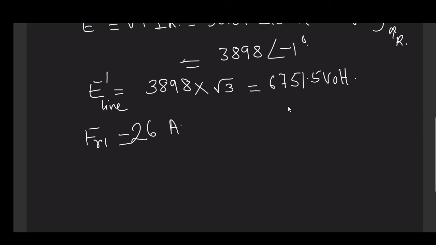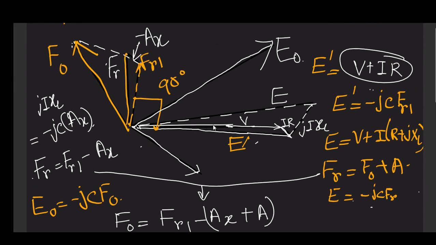Now what about armature reaction and your leakage reactance? Your armature reaction and leakage reactance at full load circulate the full load current. What is that? What I am trying to tell you here, we will take one approximation.